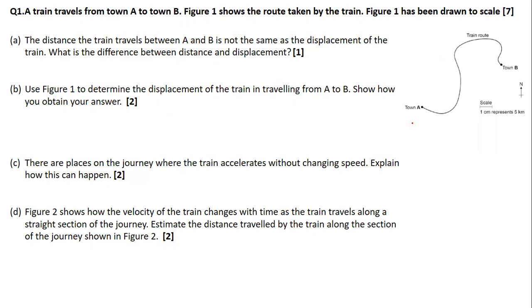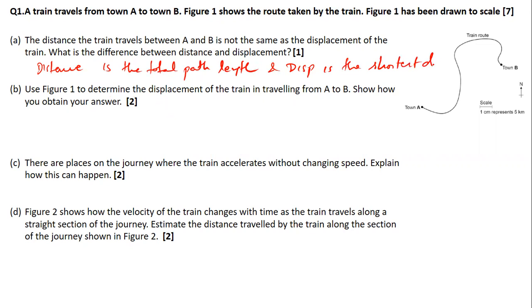Is there a difference between distance and displacement in reference to this diagram? Yeah. Distance would be the total length of the route that the train took. But displacement is the shortest distance from the starting point to the ending point. Right. So you should write distance is the total path length and displacement is the shortest distance.